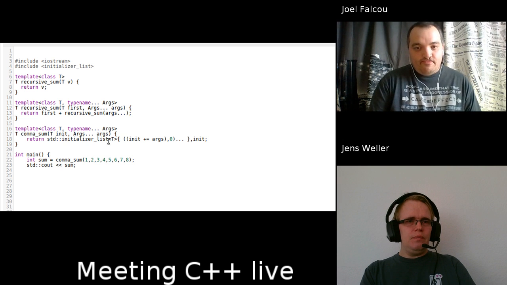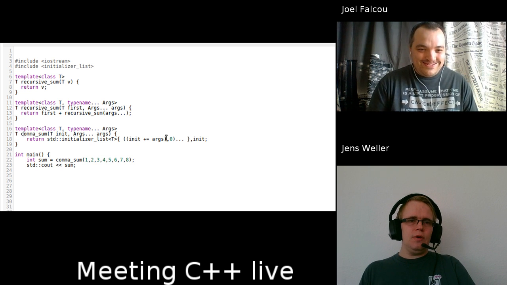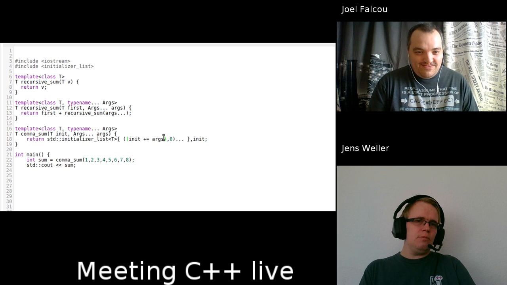Yeah. So you kind of abuse an initializer list, and if you have a comma operator, then only the last thing is being evaluated. So you can put an expression in front of this, which in this case is used to add up the sum. Yep.